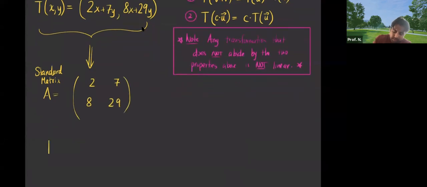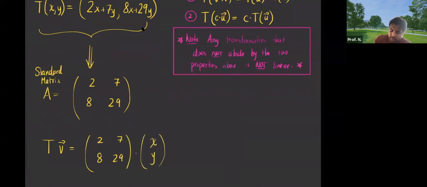So when we say T of V, this is the same thing as saying the matrix with rows 2, 7 and 8, 29 multiplied by (x, y).